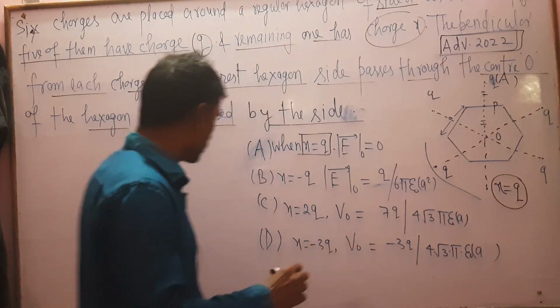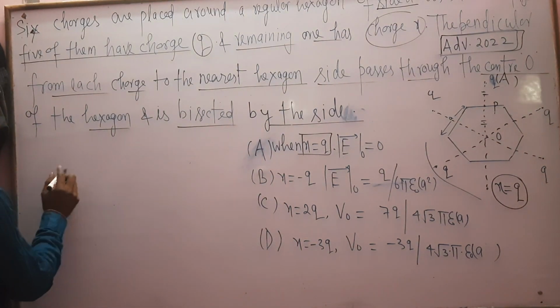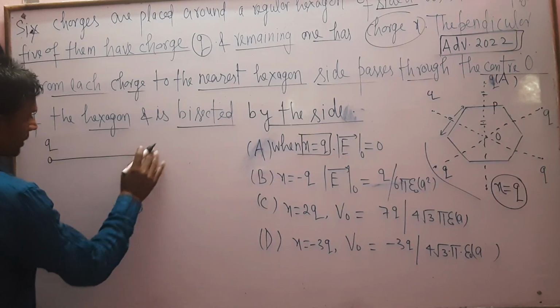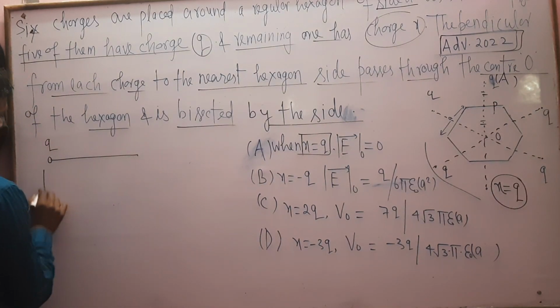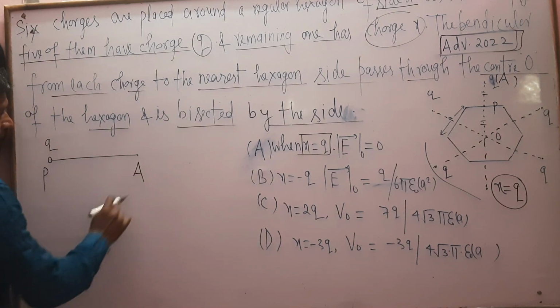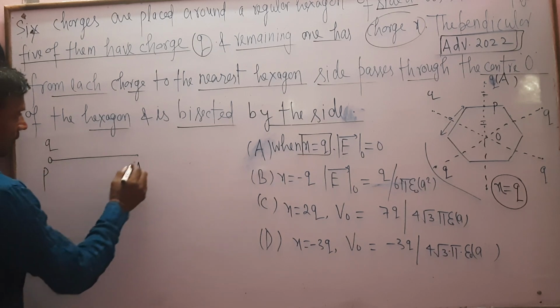We also know that we need the electric field due to charge q. This is the P point and also this is the A point. We have to find the electric field at point A due to charge q, which is positive as given.